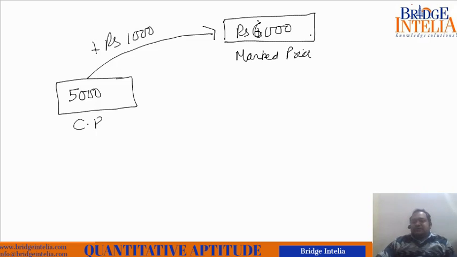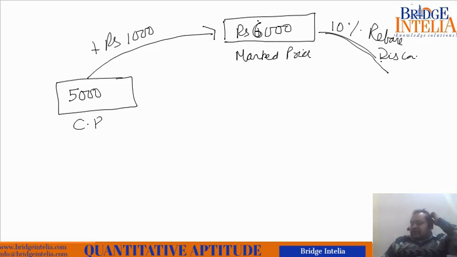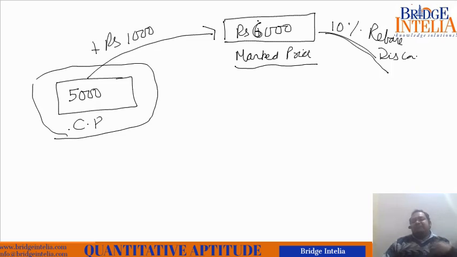So let's suppose the customer demands 10% rebate or 10% discount. So if the customer is asking for discount, he is asking for discount with respect to marked price, because he will never understand how much I have bought it for. His mathematics is, he is seeing that a sticker of rupees 6,000 is pasted on this. So he is requesting the shopkeeper for a 10% discount.